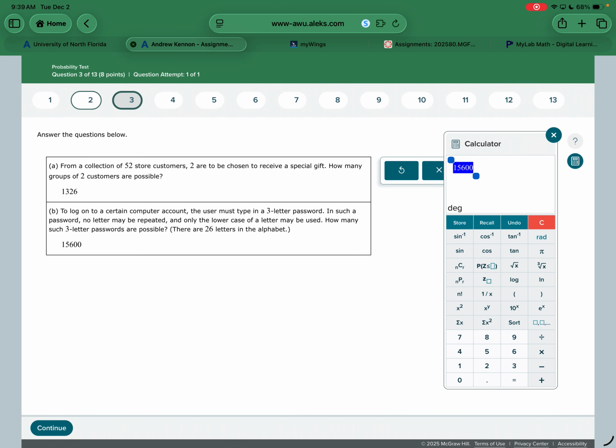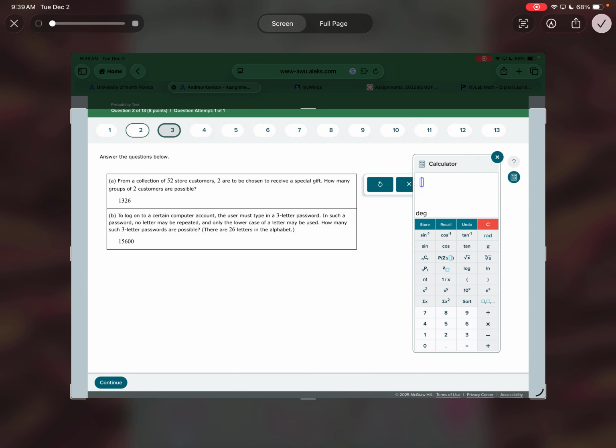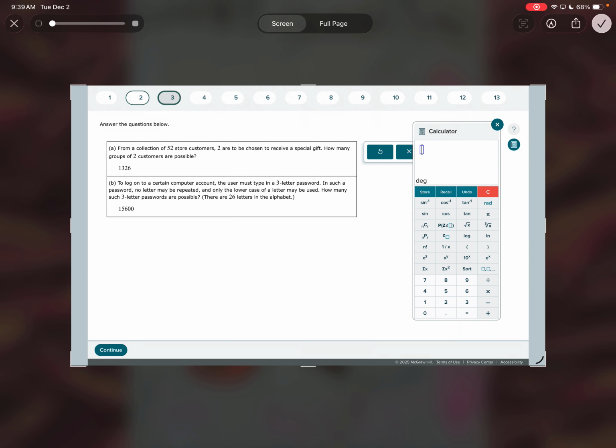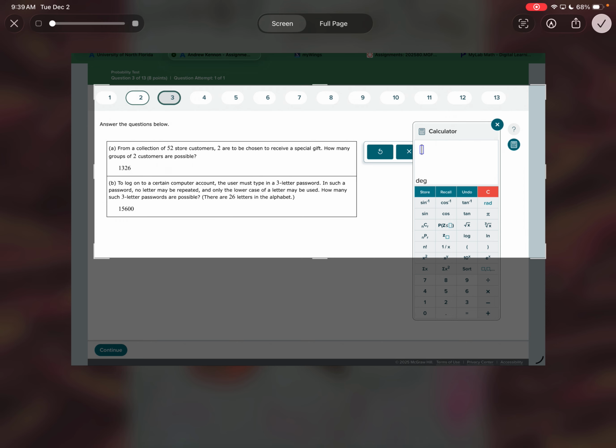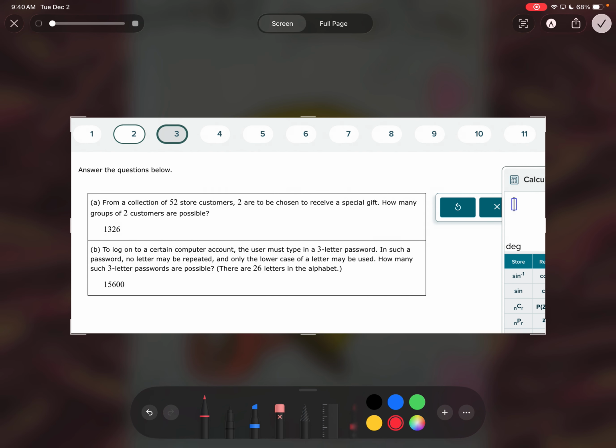So for the test work page, all I really need to see is you write something like this, 52C2. That tells me that you know what button goes with the calculator, and that is the correct button there.